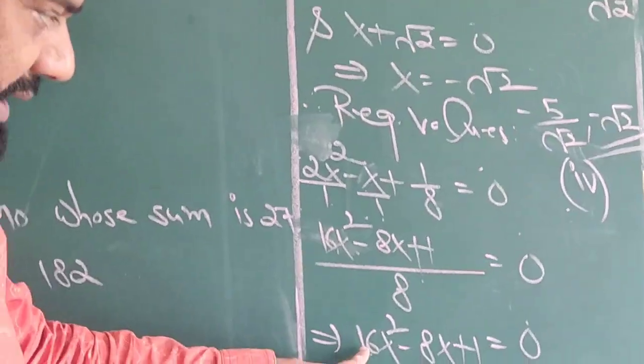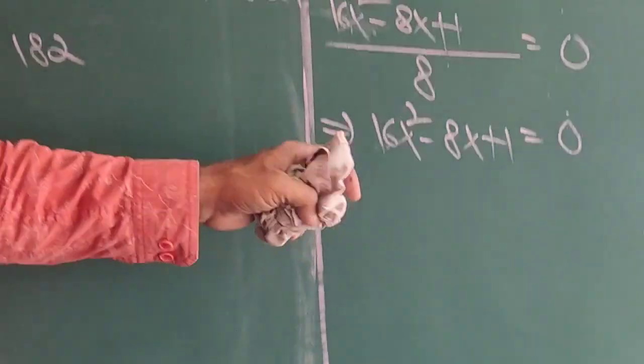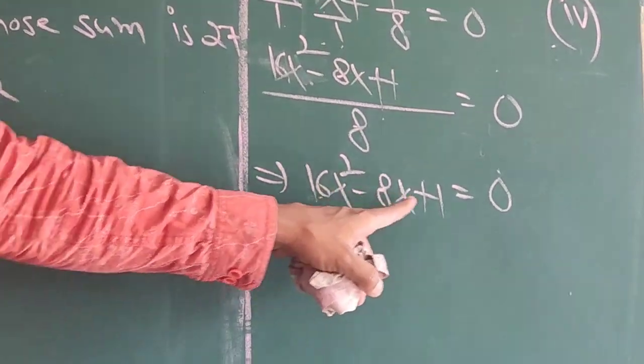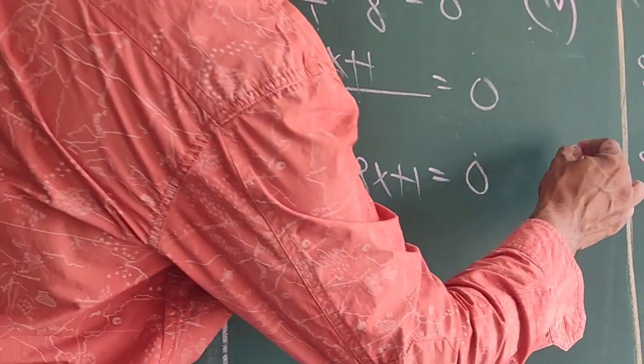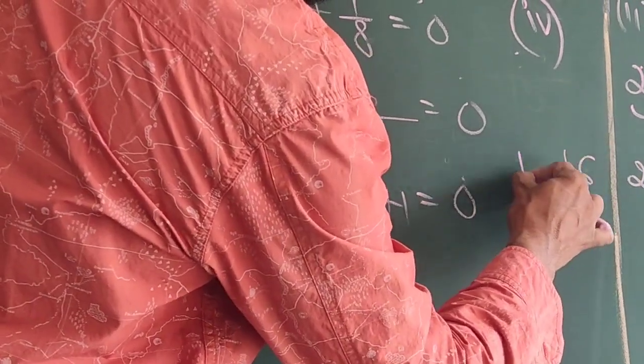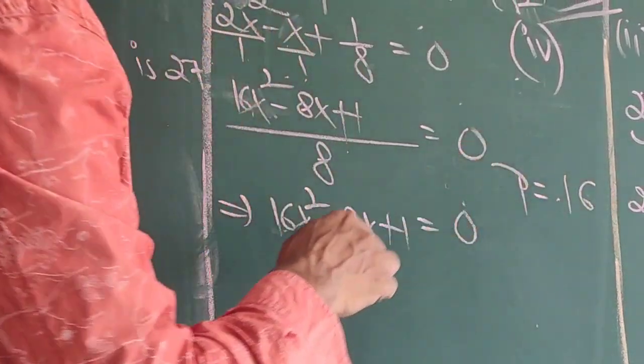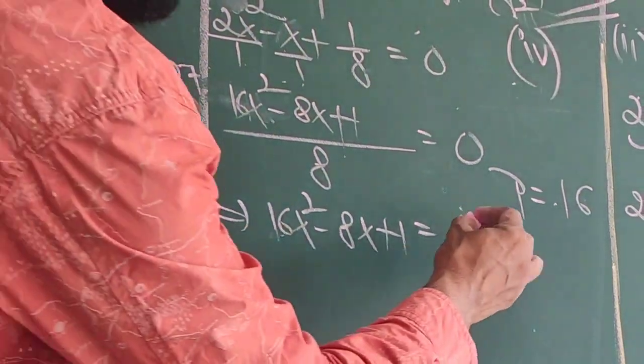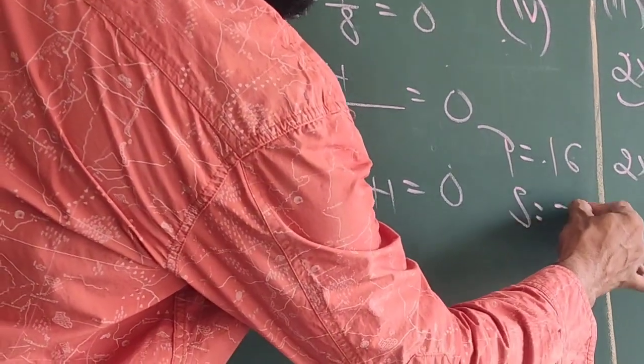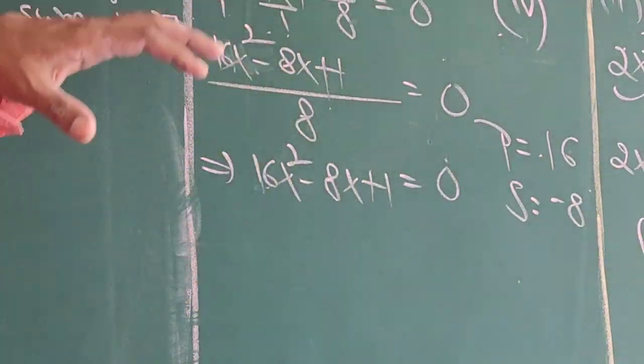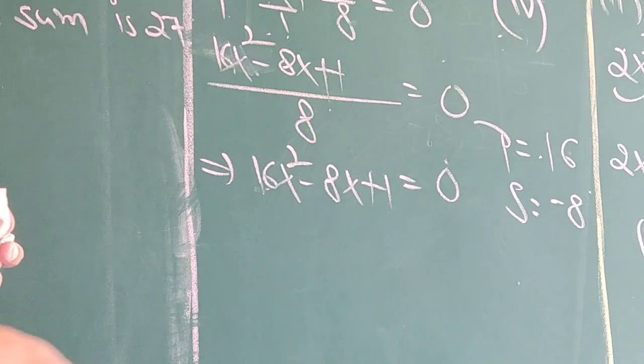Now multiply the coefficient of x square and the constant term, we get 16 multiplied by 1. This is 16. So we take two factors having product 16 and whose sum is minus 8, because the sum is always the coefficient of x.